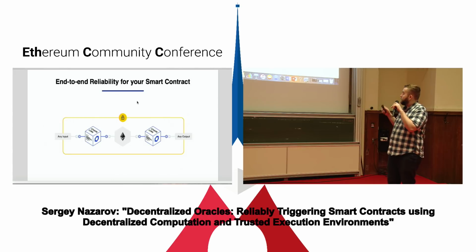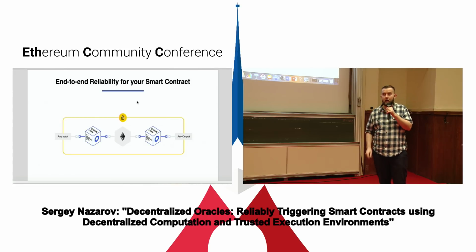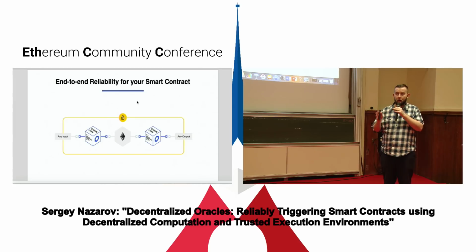The key idea, I think, to keep in mind is that end-to-end reliability is what every system that touches a smart contract needs. The unique property of a smart contract, as compared to its alternatives, as compared to digital agreements running on a central server, is that it's highly reliable, right?